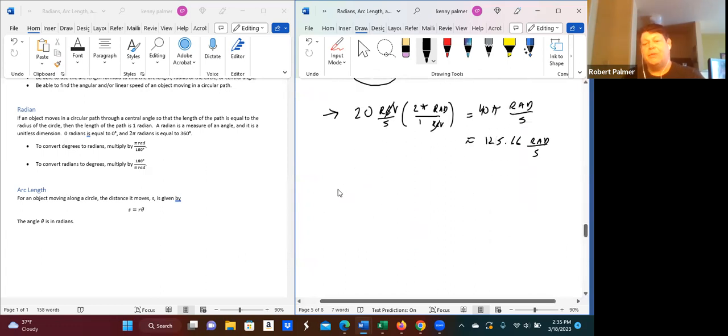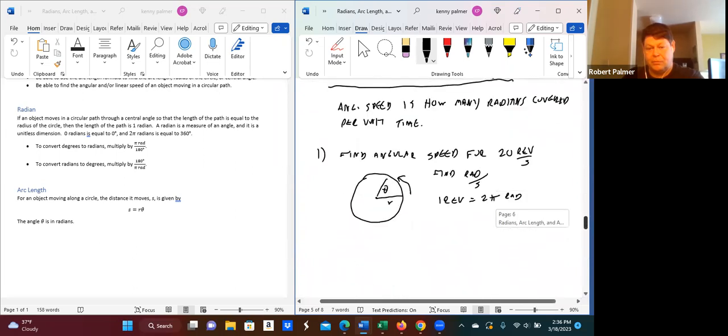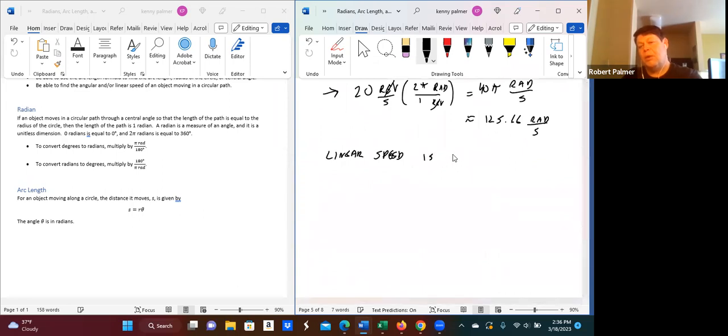Now, let's talk about something called linear speed. Linear speed is the speed of an object moving in a circular path. That can be either moving in a circle on its own or maybe attached to a wheel.